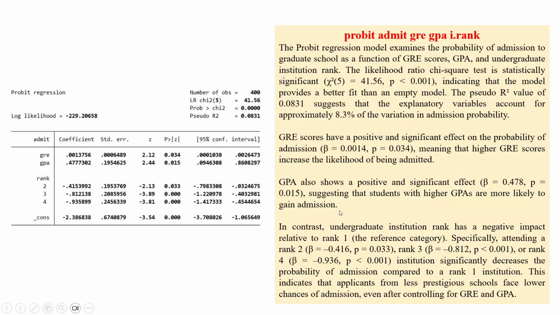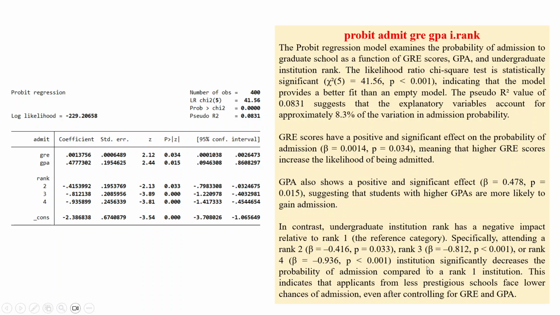Now, what about the rank of the institutes from which the students are applying? You can see rank 2 negative, rank 3 negative, rank 4 negative, and they are all significant. Now, how will we write the interpretation? In contrast, the undergraduate institution rank has a negative impact relative to rank 1, the reference category. The reference category is captured with the help of the constant. Specifically, attending rank 2, its beta is minus 0.415, rank 3, minus 0.812, rank 4 institutes, minus 0.936.